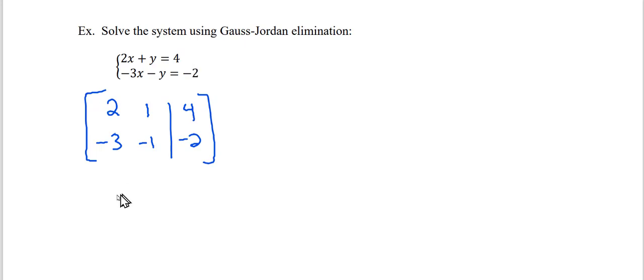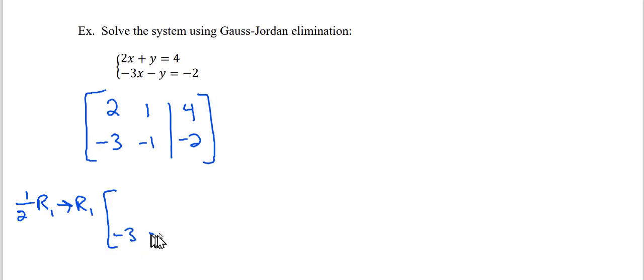Here, we want to first get a 1 in the top left corner. We get the 1 by multiplying that row by the reciprocal of what is there, as long as it's a reasonable operation. Here, that would be 1/2 of row 1, putting it in the row 1 spot.